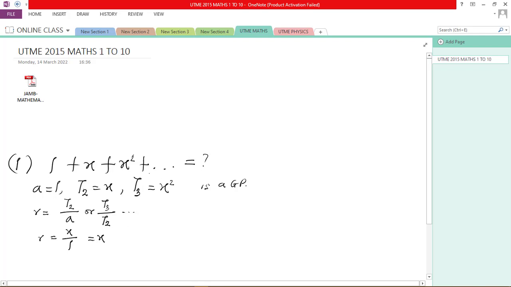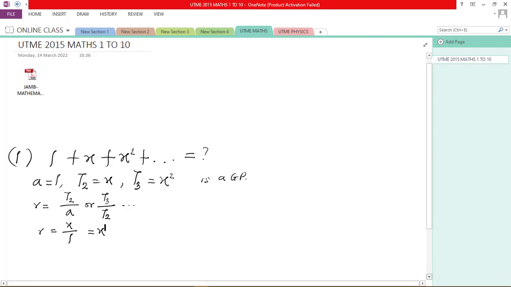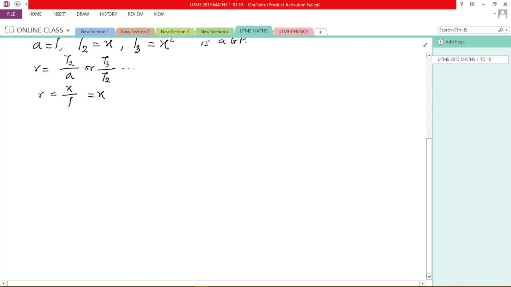Now, if you watch closely, they said dot dot dot. That means we are finding the sum to infinity. Why is this sum to infinity? Because they give us dot dot dot.